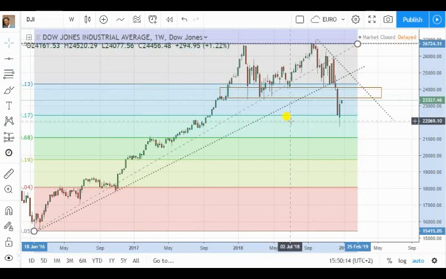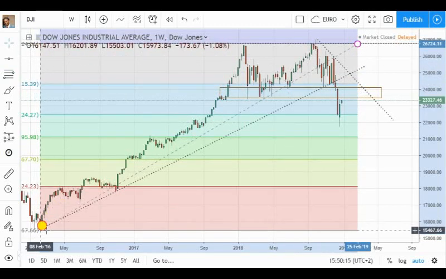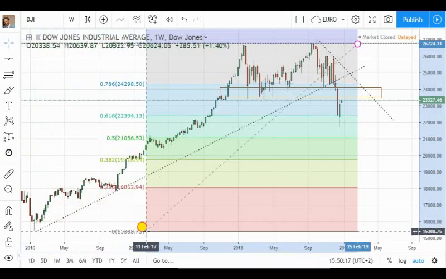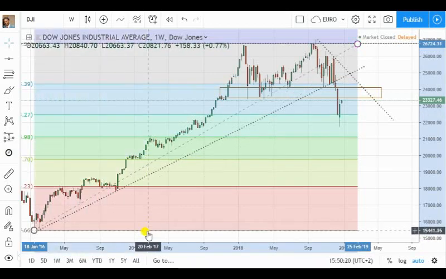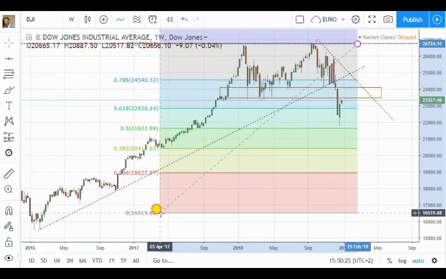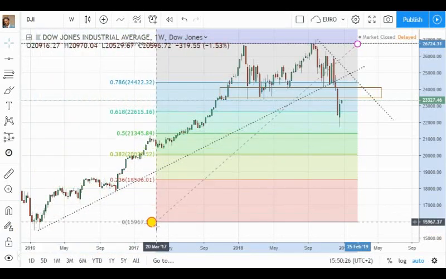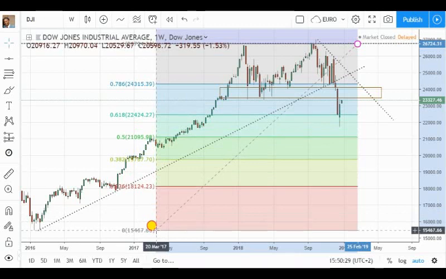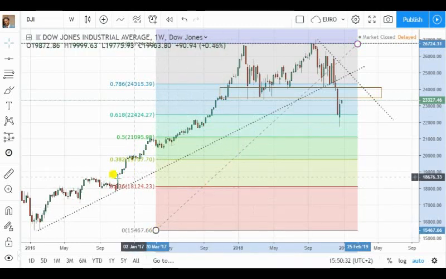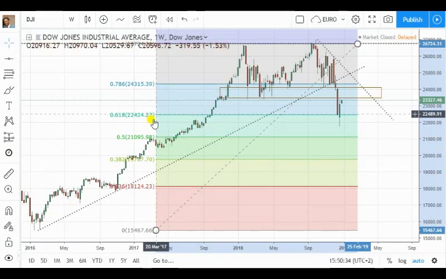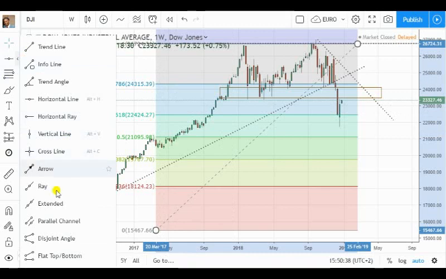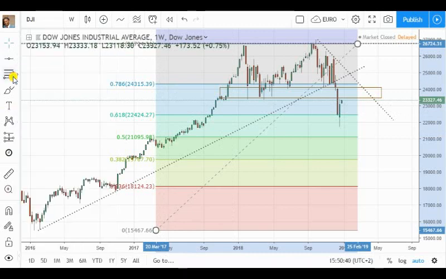So what basically happened is that whatever happened over this amount of time since 2016 has been within this Fibonacci trend, this harmonic pattern. We see that we have a bounce here at the level we call the golden ratio.